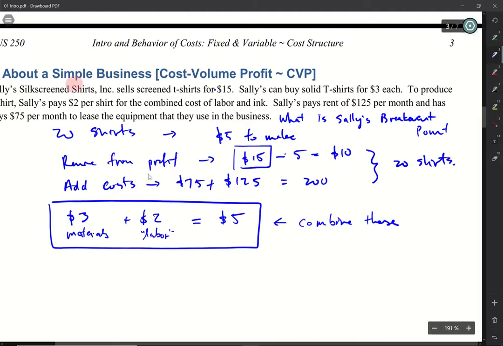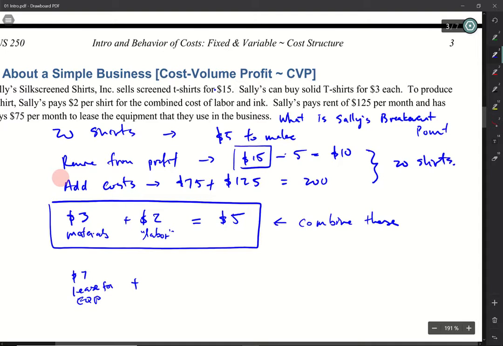So you see, the materials, right? That's a cost of $3 each, right? And the combined shirt of labor and ink for $2, right? That's a cost. And so there are these other ones, right? The 75 lease for equipment, and this other one, sorry, 125.